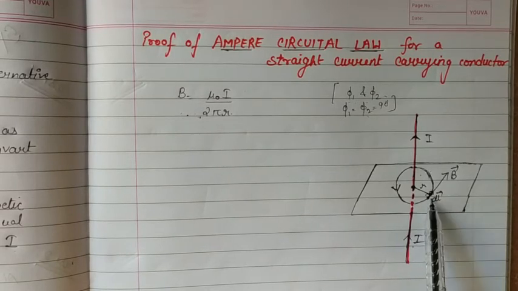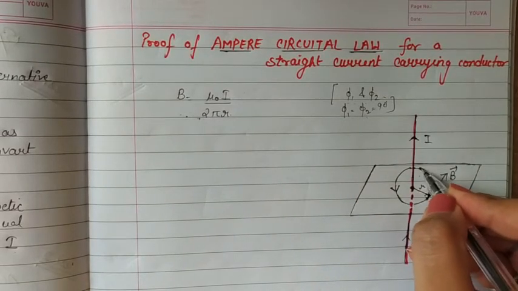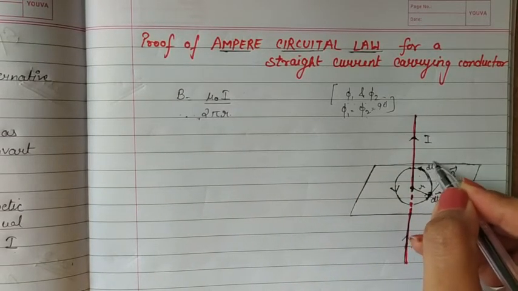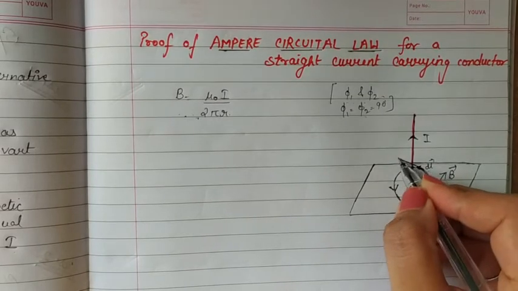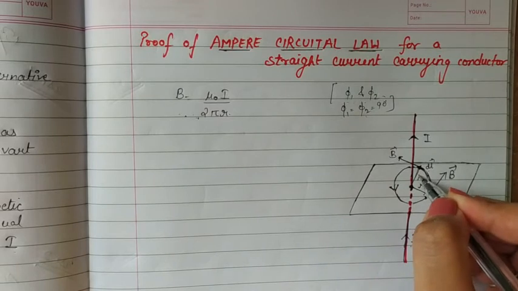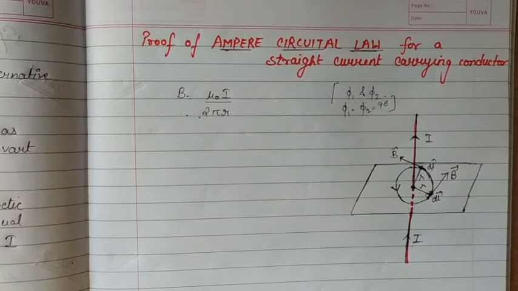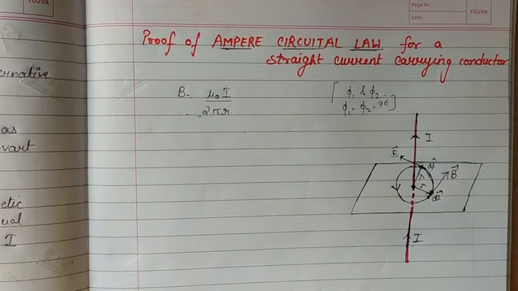If we consider any other point, suppose I consider an element here, suppose this is dl vector, then the direction of the magnetic field is also along the tangent here, and the distance is r. So the angle between B vector and dl vector is always going to be 0 degrees. We can find B vector dot dl vector for this.